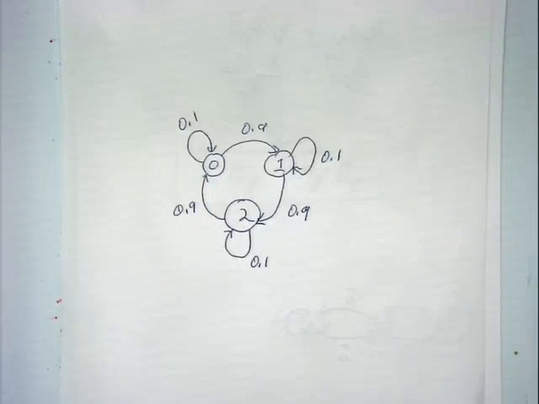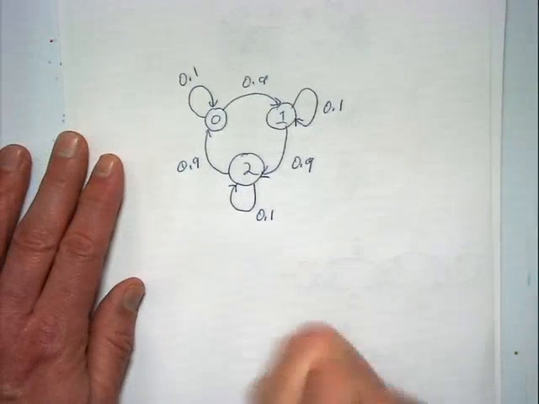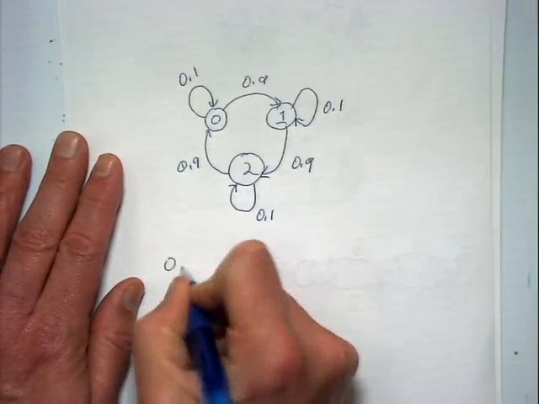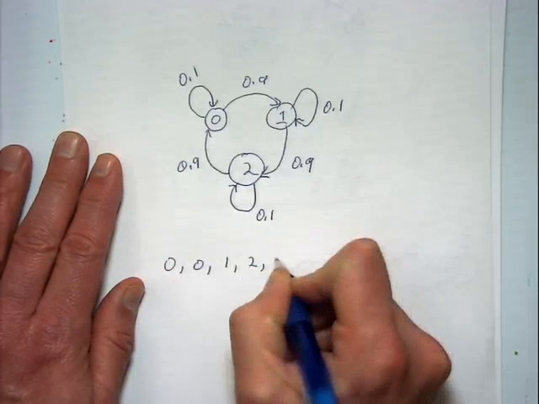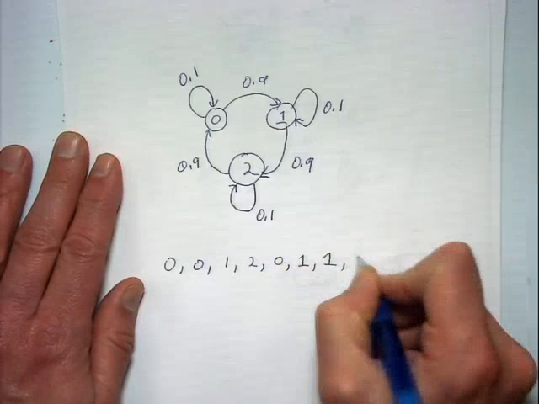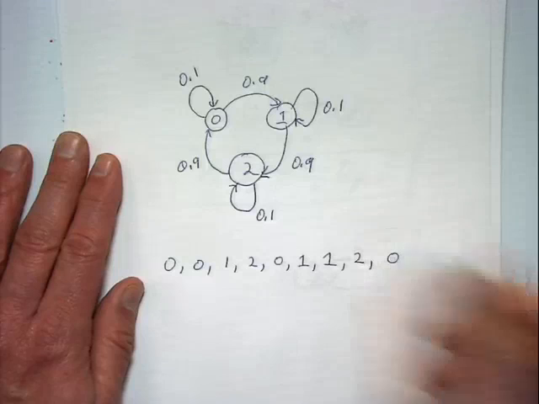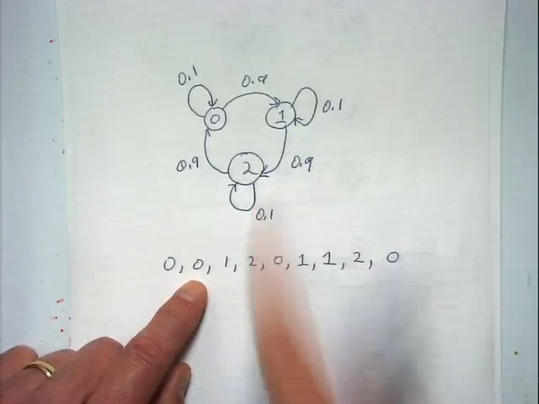Okay? Now, is it reversible? If I wrote out the sequence 0, 0, 1, 2, 0, 1, 1, 2, 0, would that be a sequence that could have occurred in this Markov chain?